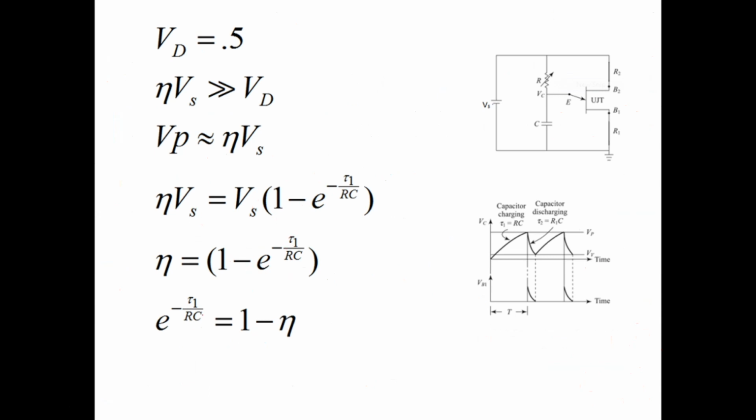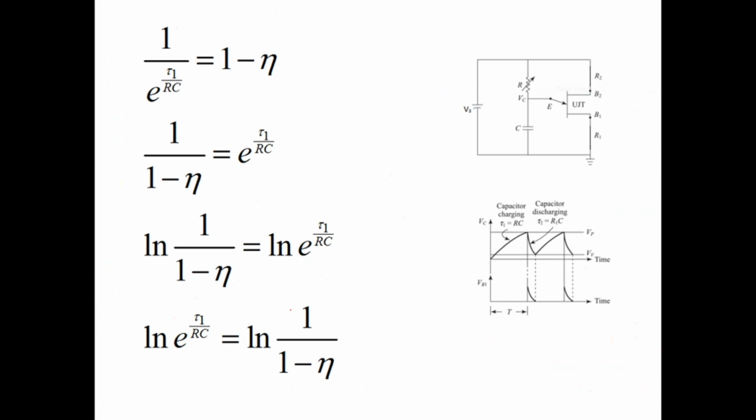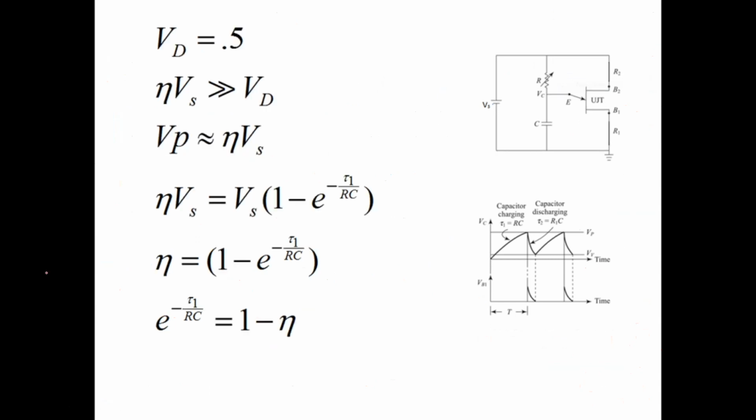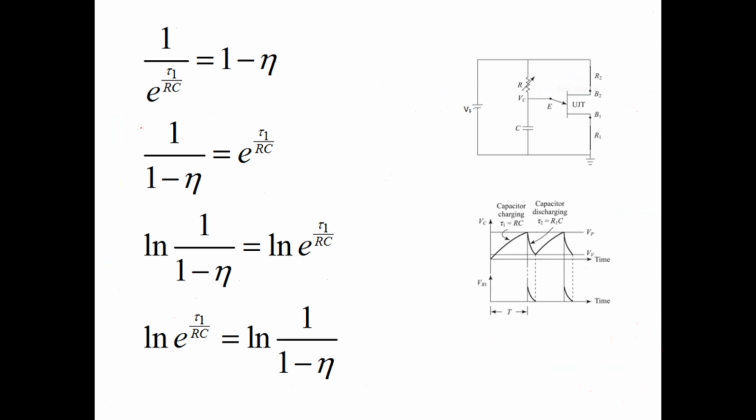I will rewrite this: e power minus tau 1 by Rc, I will take this to the left, 1 minus eta. When it goes to the denominator the sign becomes plus. So 1 by 1 minus eta equals e power tau 1 by Rc.